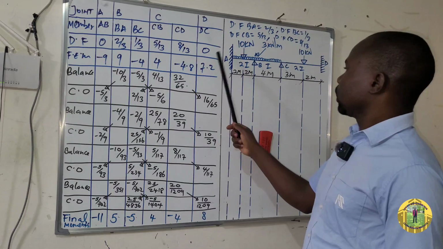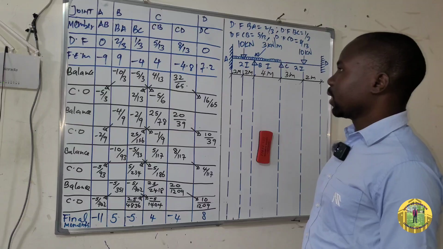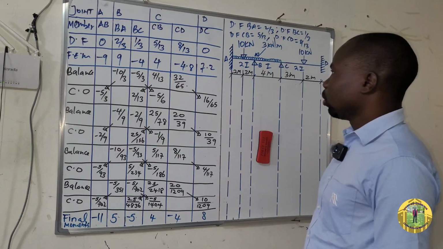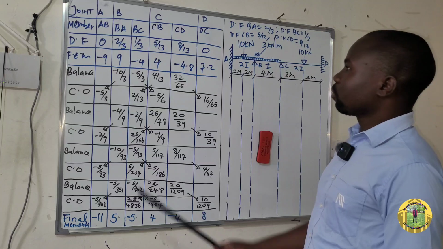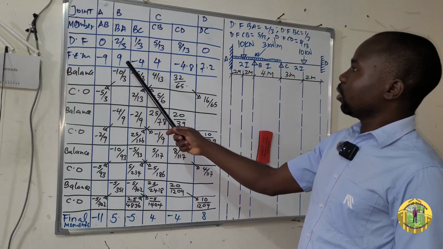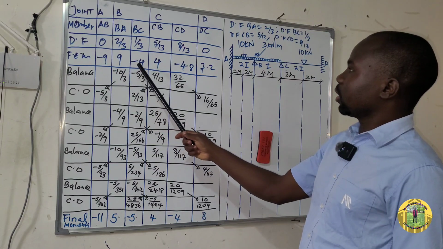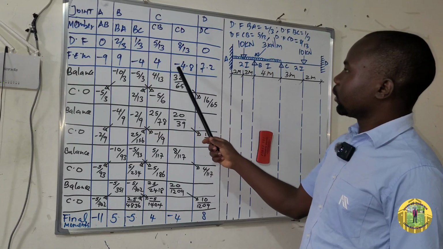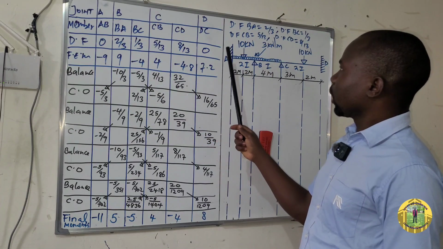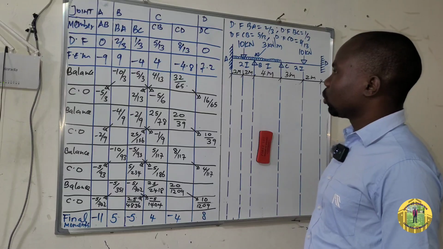And then for DC it is 0. And then the fixed end moments, we have already calculated these, and we have their values. So AB is negative 9, BA is positive 9, BC is negative 4, CB is positive 4, CD is negative 4.8, and DC is 7.2.